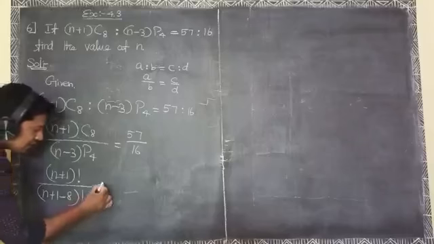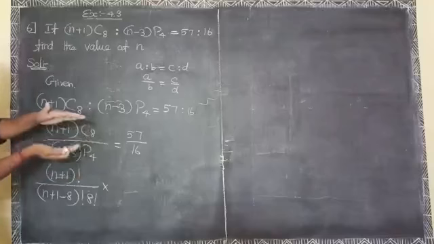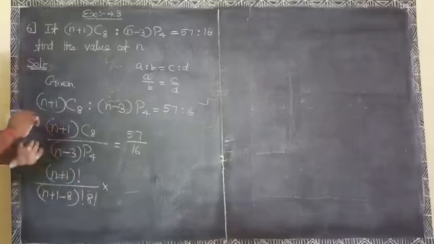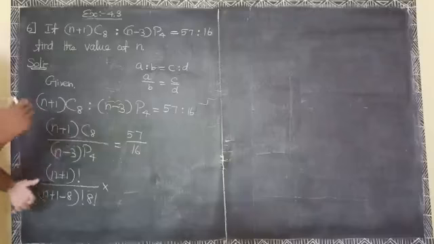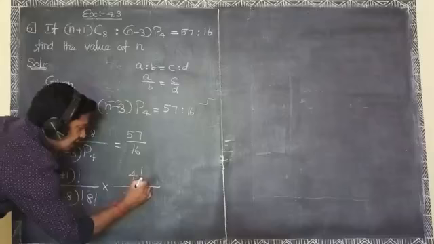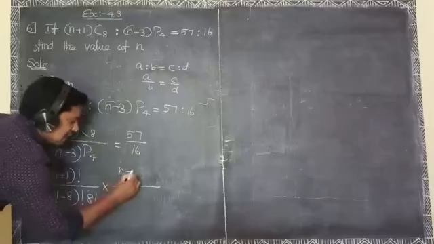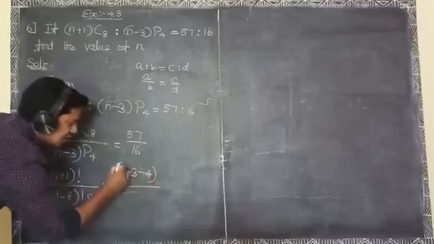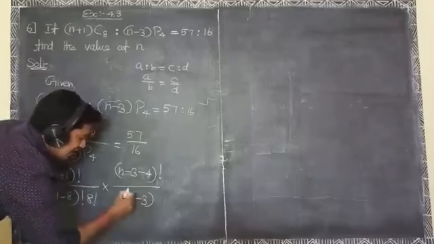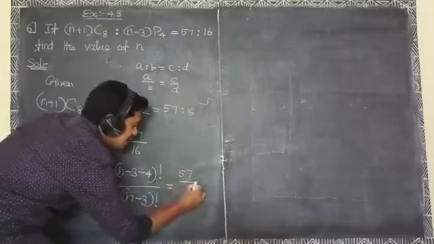Then for the permutation, the denominator is (n−3) factorial divided by (n−3−4) factorial, that is n−7 factorial, which is equal to 57 divided by 16.